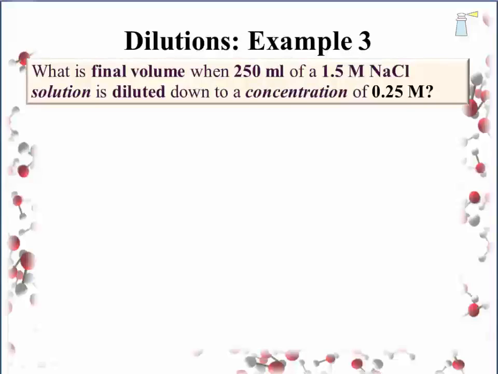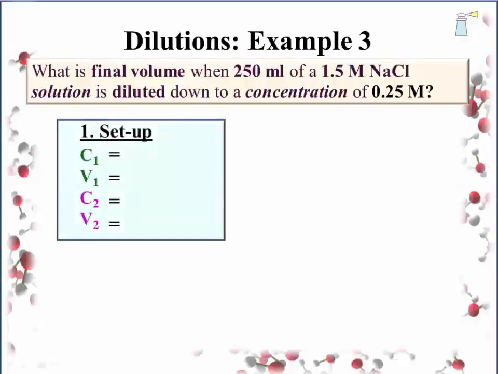This is a typical type of question one asks when making a dilution from a concentrate. Starting with the setup and analyzing the problem, one thing that stands out in our reading of the problem is a paired or connected concentration and volume. Hint number 2. Is this the initial or final pair?